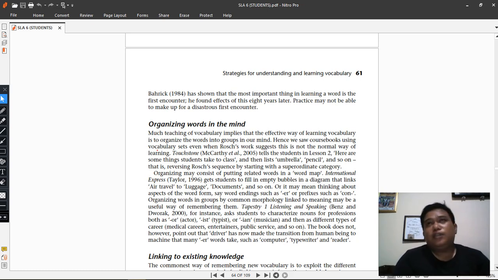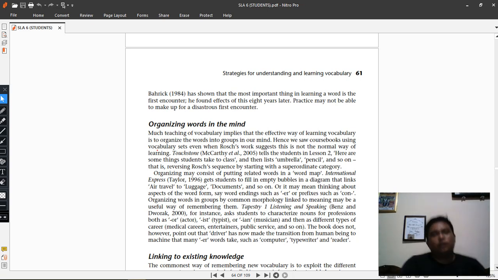Then it will be a lot easier to teach them other vocabulary that relates to the words they have learned before. When you finish teaching them the verbs, the next day you teach them the organization of nouns.